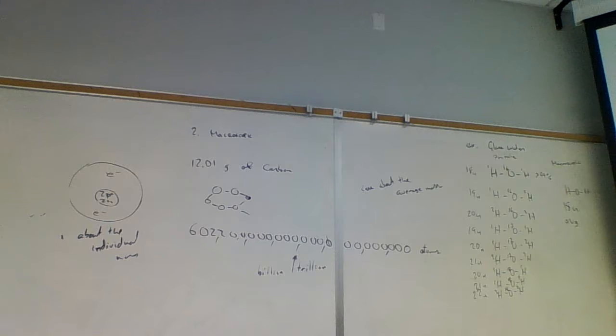Let's say it's 75% carbon-12, 25% carbon-13. If we're at 75% carbon-12, 20% carbon-13, what's its mass? What's the average?